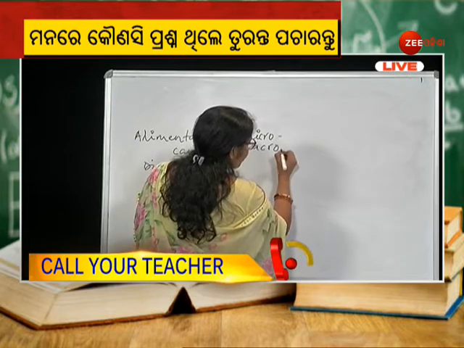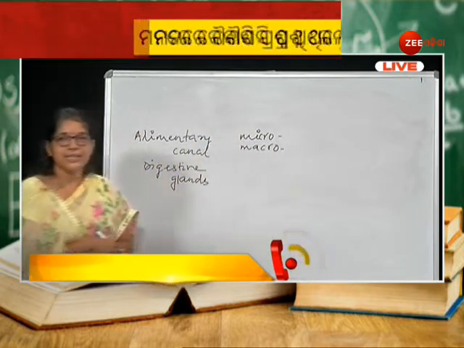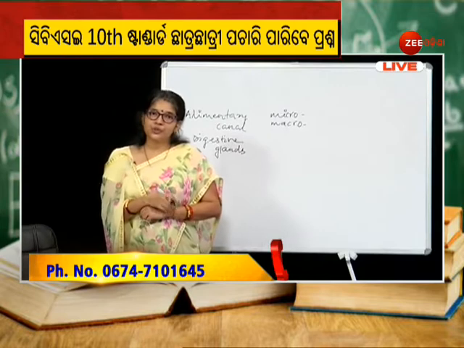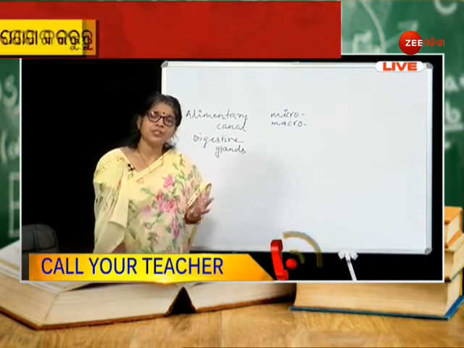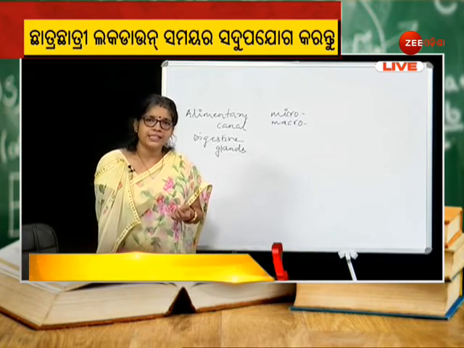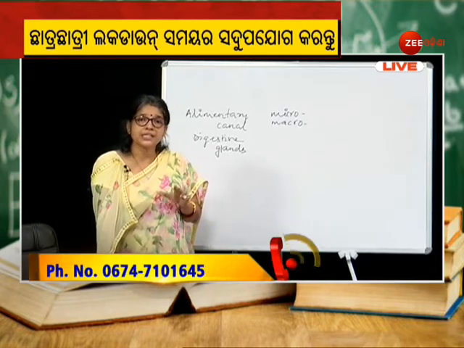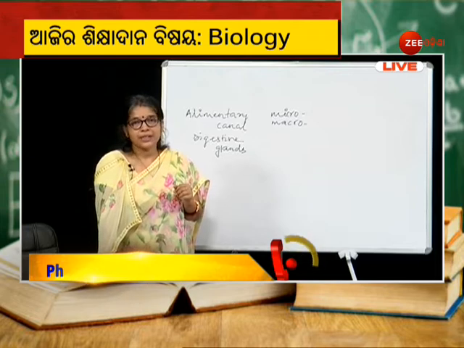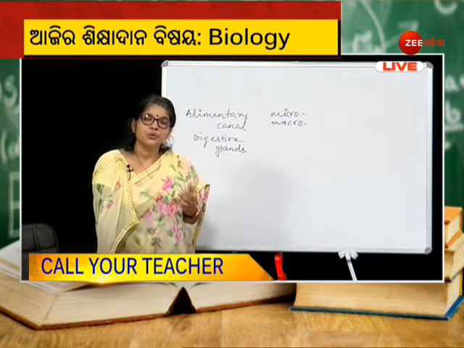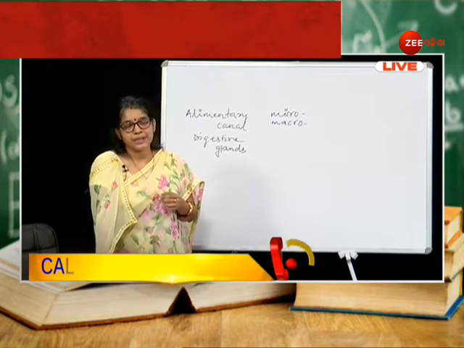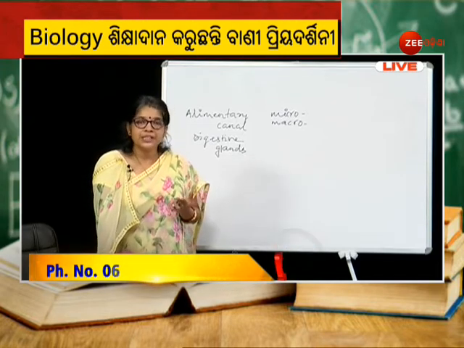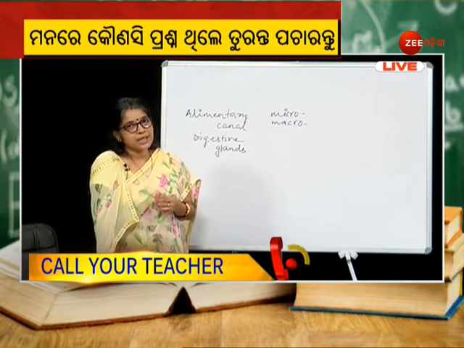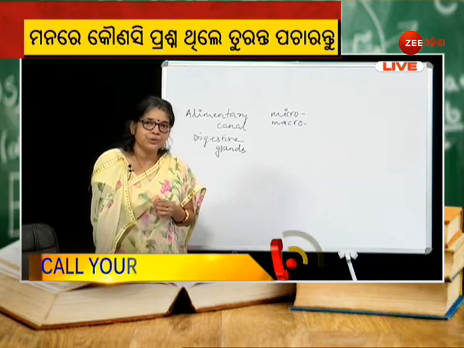Micronutrients means these nutrients are required in small amounts, though they are never responsible to supply the energy. But in the deficiency of these nutrients, a number of diseases are caused in humans. The micronutrients mainly include the vitamins and minerals.